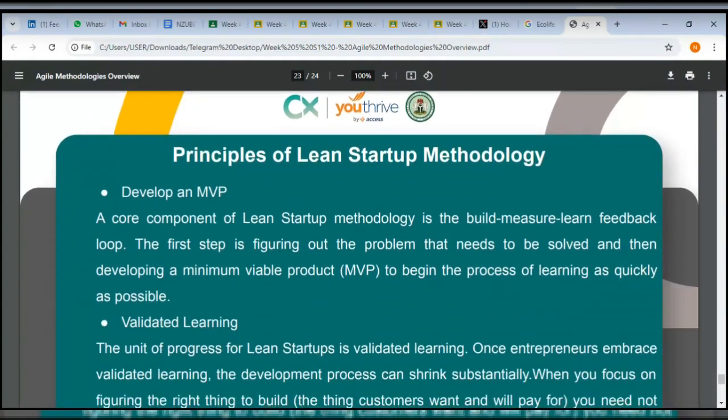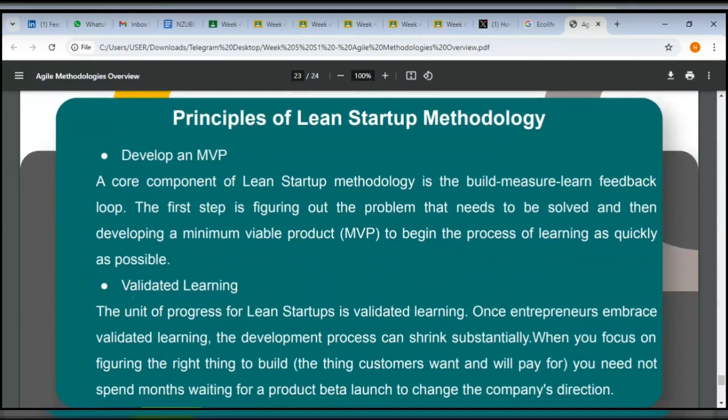Develop an MVP. A core component of lean startup methodology is the build, measure, learn feedback loop. The first step is figuring out the problem that needs to be solved, and then developing a minimum viable product, right? Like we've always discussed.